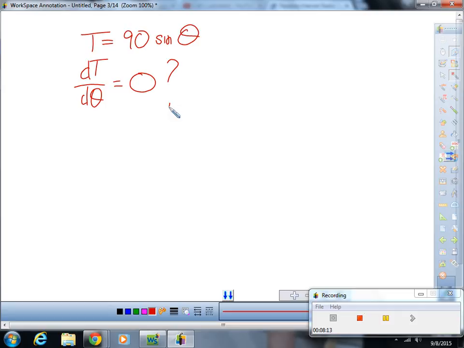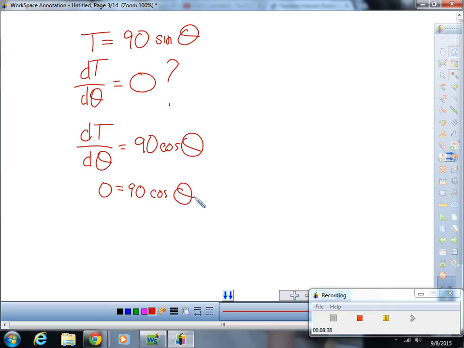And so the derivative of sine is positive cosine. Welcome back to calculus. So dT d theta is 90 times cosine of theta, and that equals 0. Let's see, when is cosine of theta equal to 0? Hopefully when theta equals 90. Yes, it is. Sorry, theta is 90 degrees.